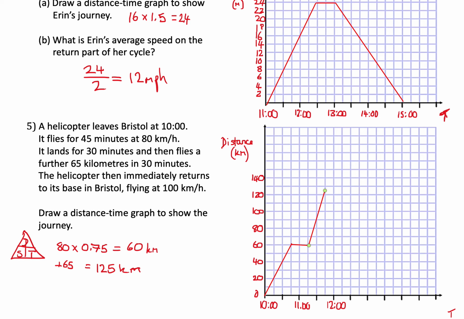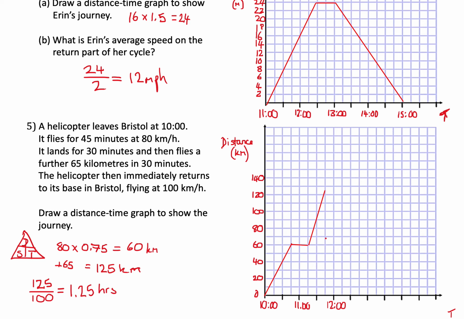The 125 kilometers it has to come back, so let's find out how long that takes. So the distance is 125 kilometers. Sorry, my mouse is being a bit slow. And the speed is 100. So that gives 1.25 hours, or an hour and a quarter.